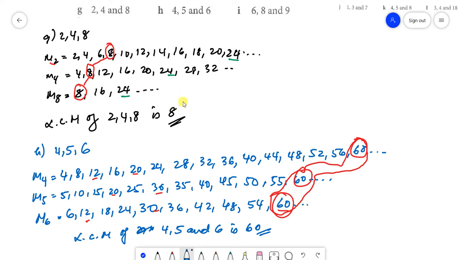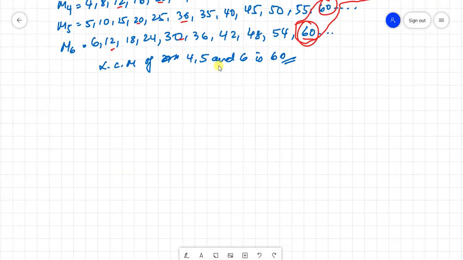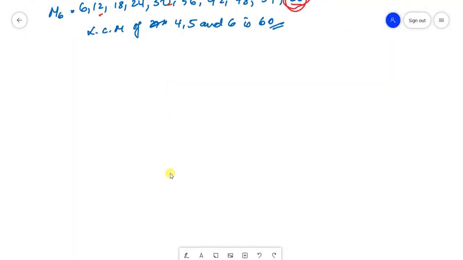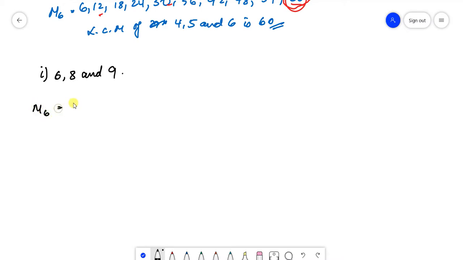Okay, then we have 6, 8 and 9. So we write first the multiples of 6.